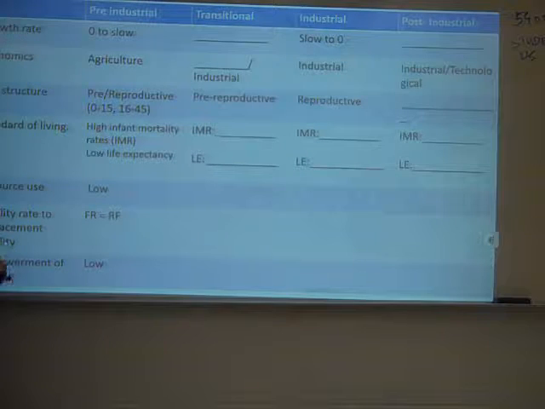So the idea of replacement fertility is the fact that you have two parents, and therefore, if you want to keep your population flat and at zero, then those parents need to have two children that survive and go on and have two children of their own, on average, right? And so that's a replacement fertility, but you have to bump that up a little bit because not all children will survive to have children of their own.